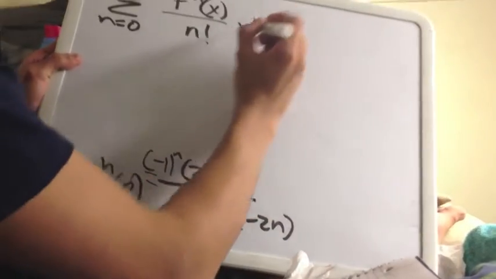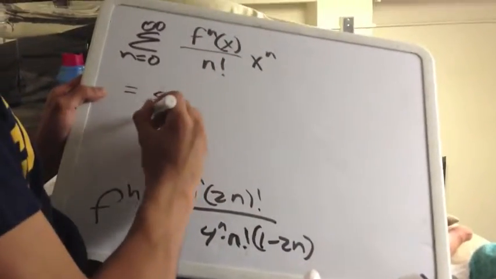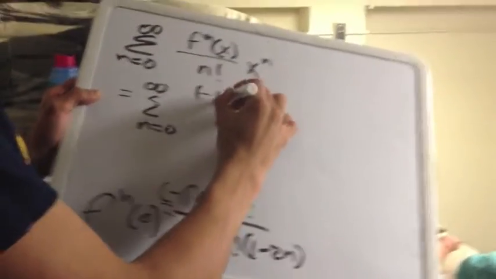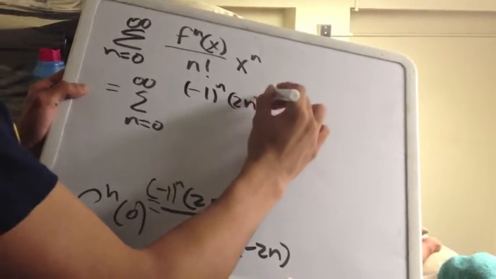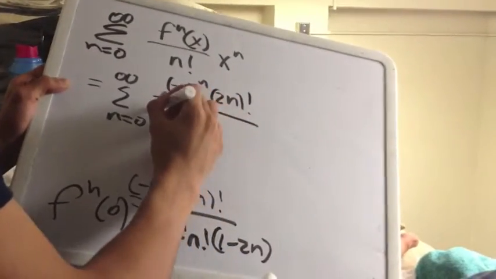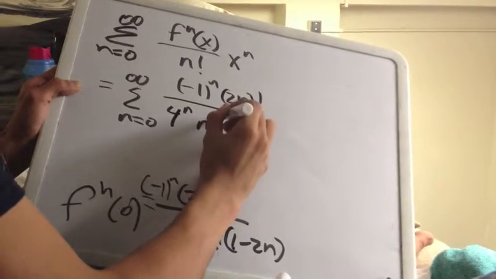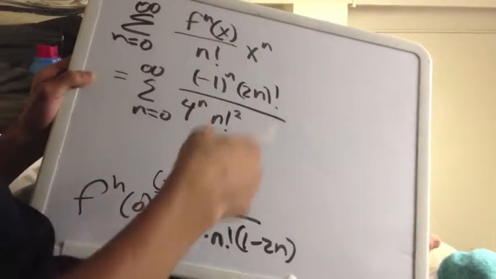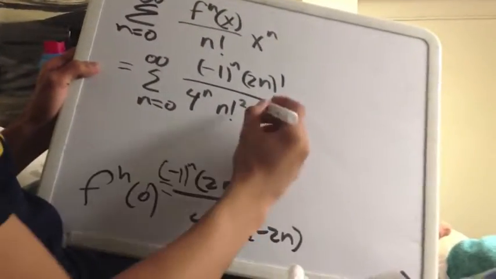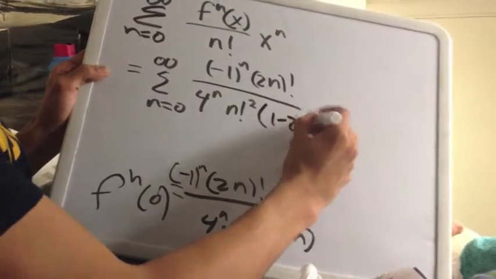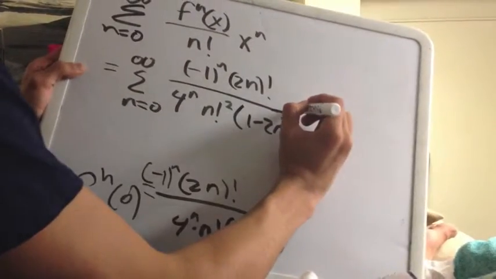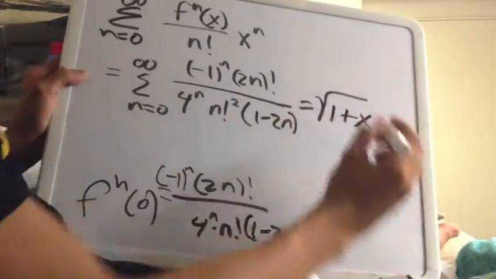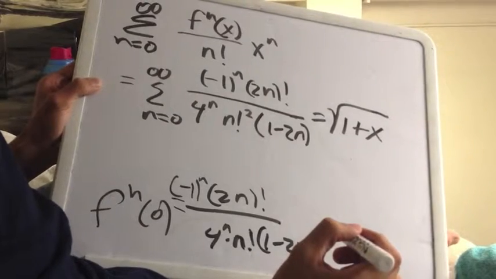Okay, so we plug that back in and we get negative 1 to the n, (2n)!, all over 4 to the n times (n factorial) squared, since we have a factorial in the series and an n factorial here, times (1 minus 2n). And this approximates the square root of 1 plus x.